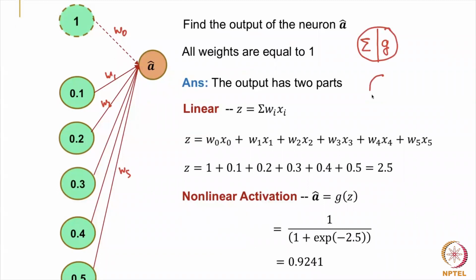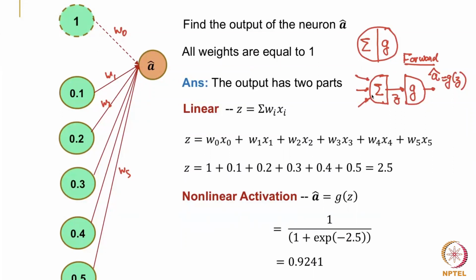You can also think of it this way: you had multiple inputs coming in, summed them, and what came out was Z. Now Z goes into this nonlinear part, G, and what comes out is A hat equal to G of Z. This is what happens in a forward pass through a neuron, these 2 steps. The reason I'm spending time here is that this becomes really important once we do the backward pass, or backpropagation.